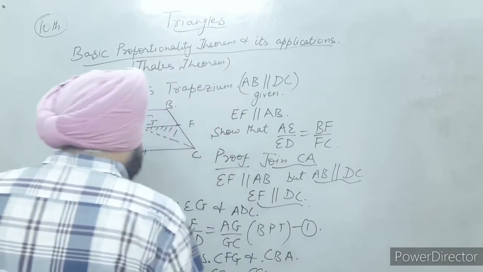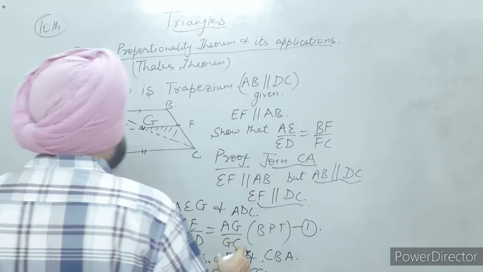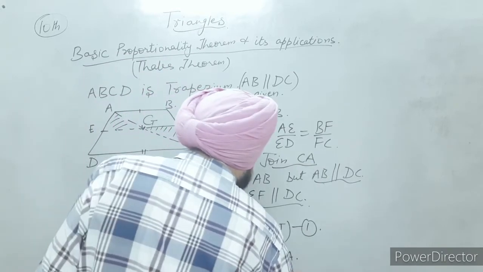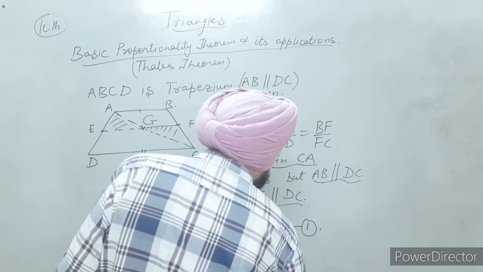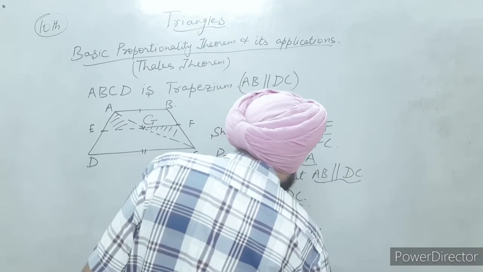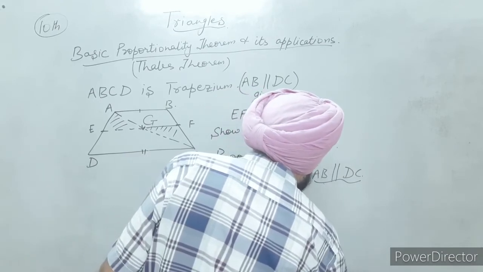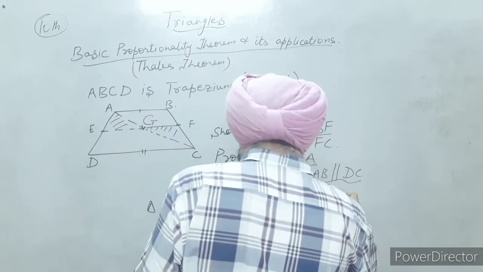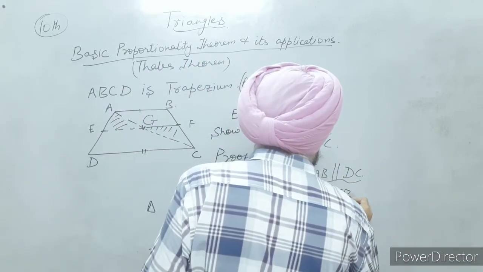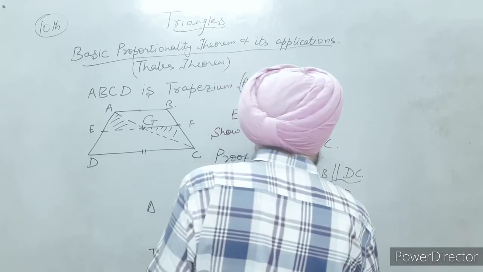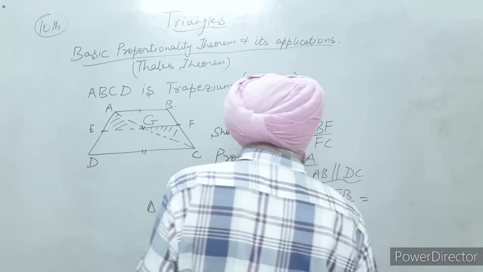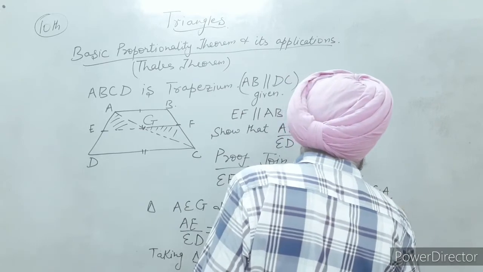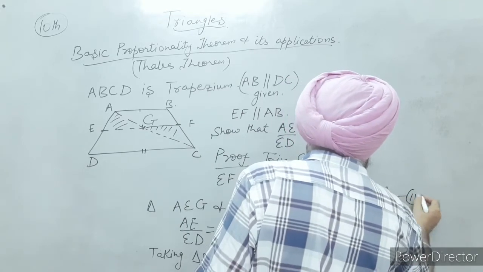Right? Now, just take the reciprocals. Taking reciprocals, I get FB upon CF is equal to GA upon CG. This is your second.